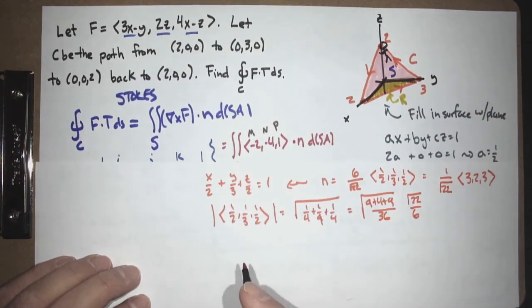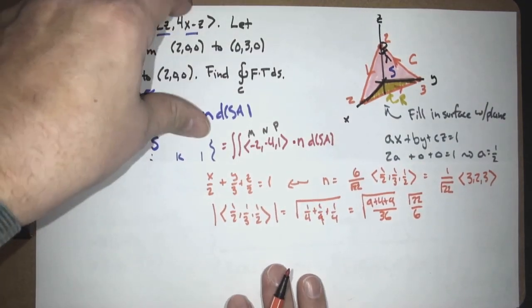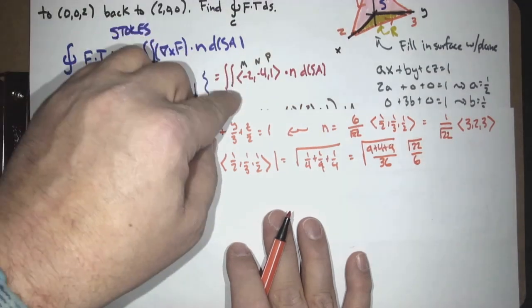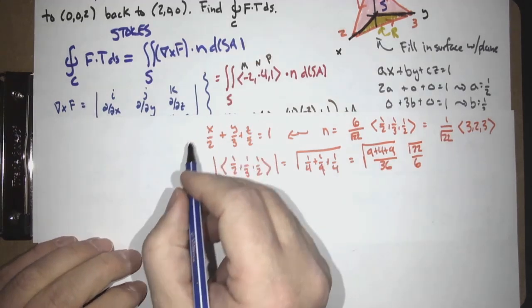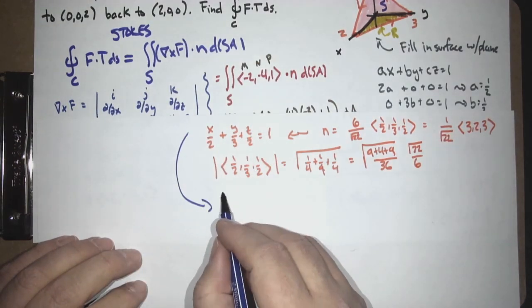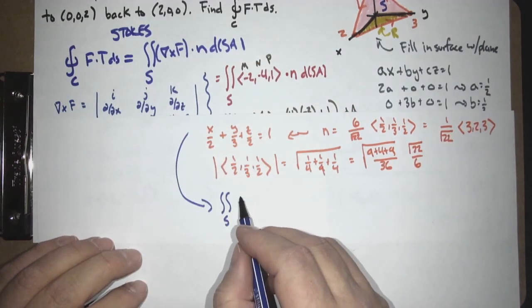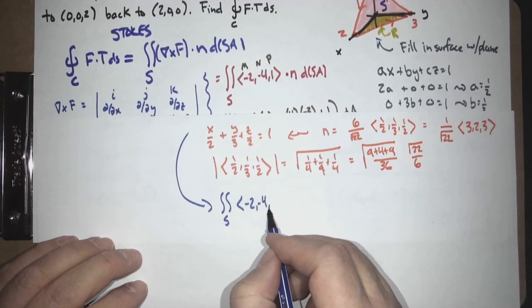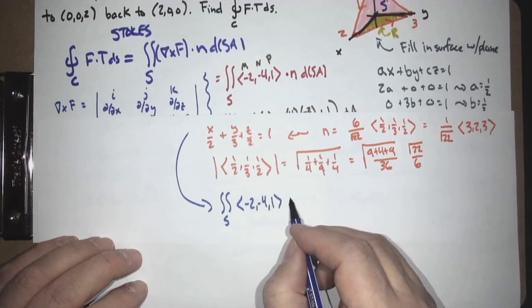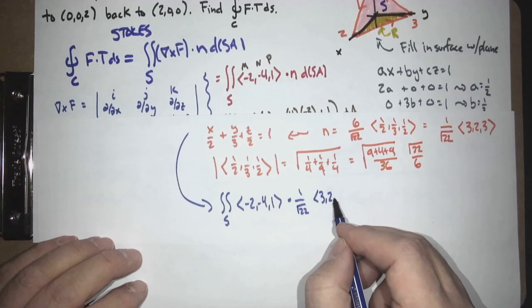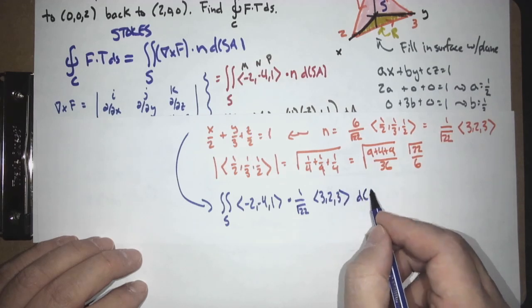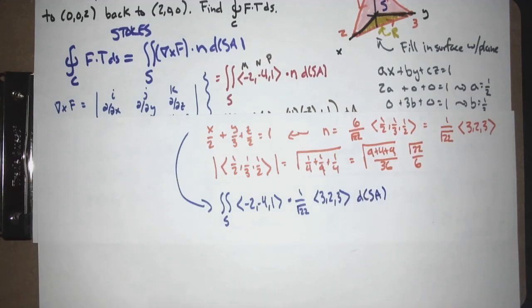So we could have said, hey, we're at the point where we knew we had the integral over our surface. This integral over our surface becomes the integral of (-2, -4, 1) dot 1 over root 22 (3, 2, 3) dS.